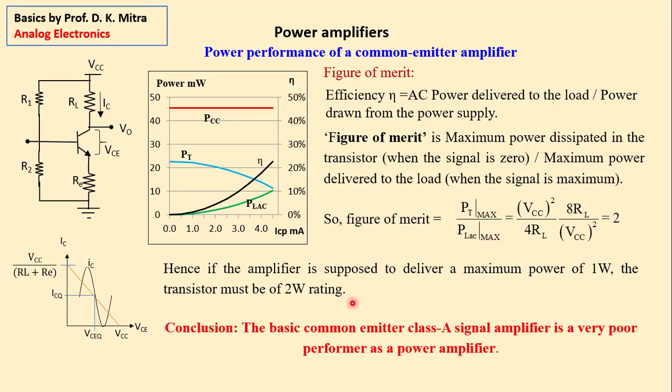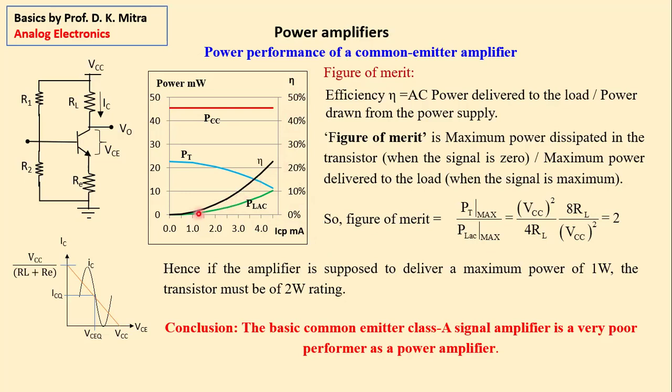What we find in conclusion is that this basic common emitter class A signal amplifier is a very poor performer as a power amplifier because its maximum efficiency is only 25%. This is the efficiency scale, right?